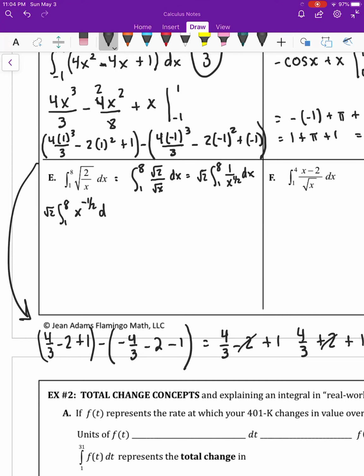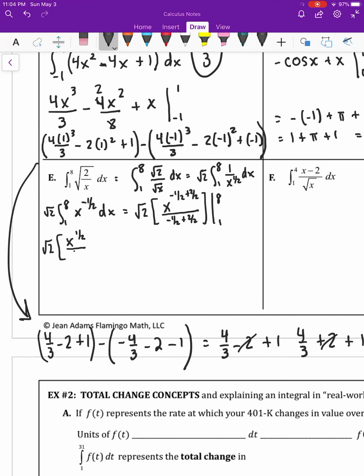and then I'm left with 1 over x to the 1/2, and then I want to bring that up as x to the negative 1/2. So now I can integrate, because I can say x to the negative 1/2 plus 2/2 divided by negative 1/2 plus 2/2, right?